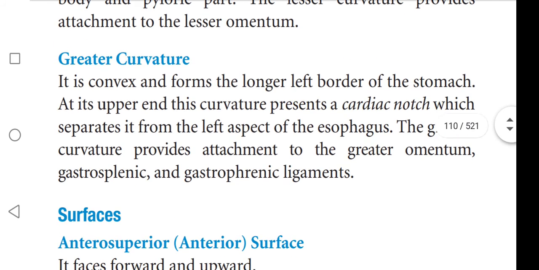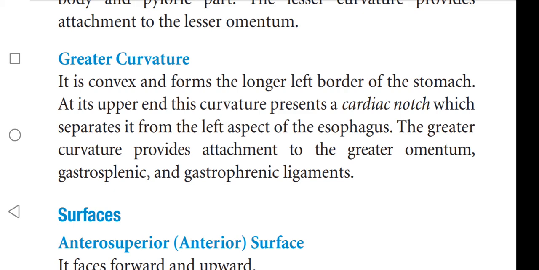Next, greater curvature. It is convex and forms the longer left border of the stomach. At its upper end, this curvature presents a cardiac notch, which separates it from the left aspect of the esophagus.